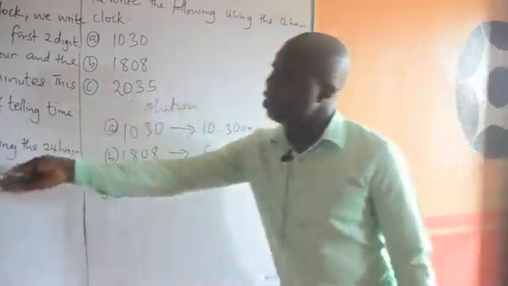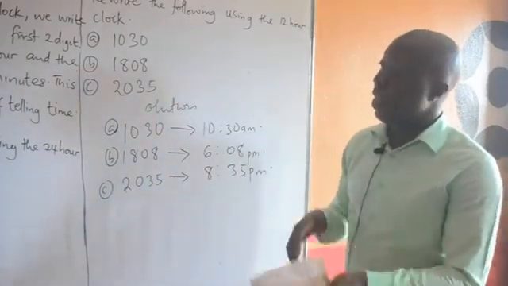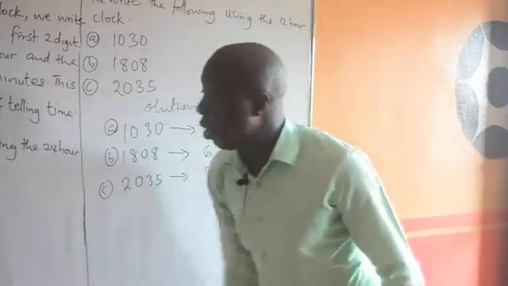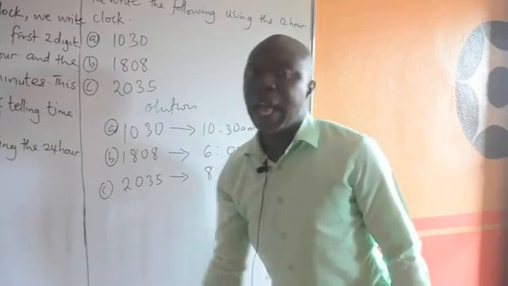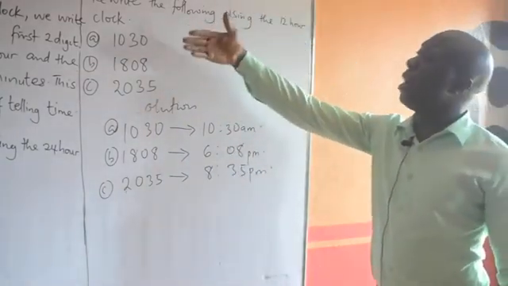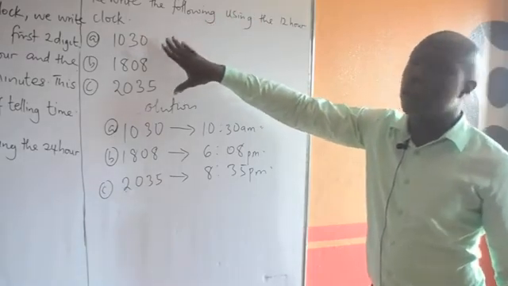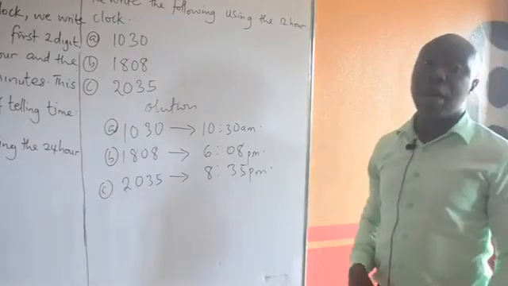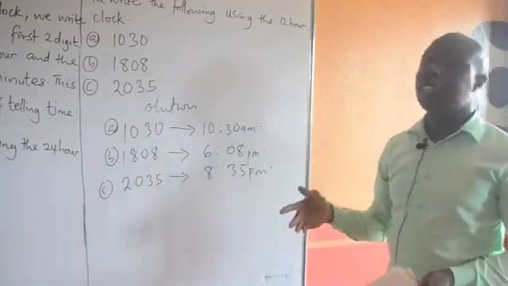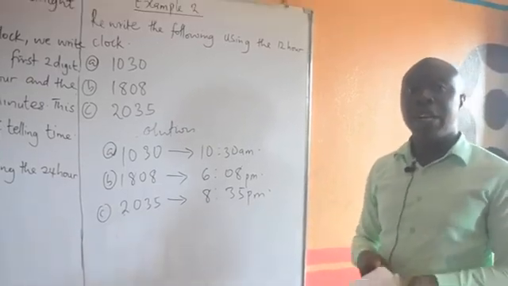Example 1 shows writing time from the normal 12-hour clock to 24-hour clock, while in example 2, we are writing the time from 24-hour clock to the 12-hour clock. This is just a method of writing and telling time, either in 24-hour clock or in 12-hour clock.